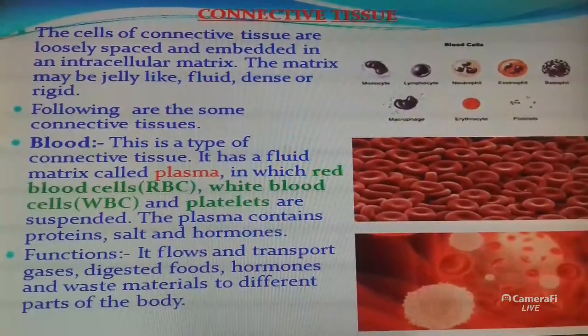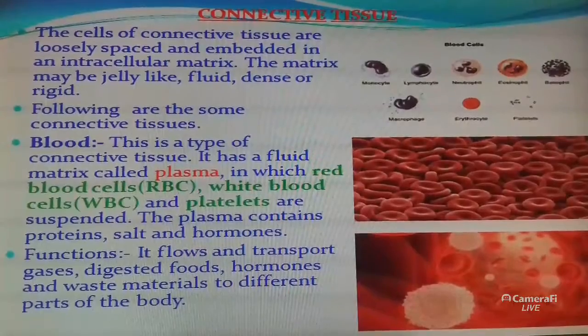Today we are going to discuss more about connective tissue.